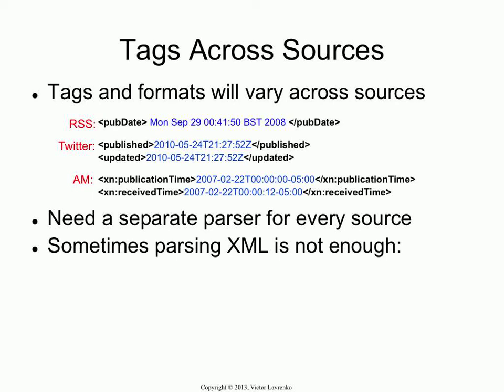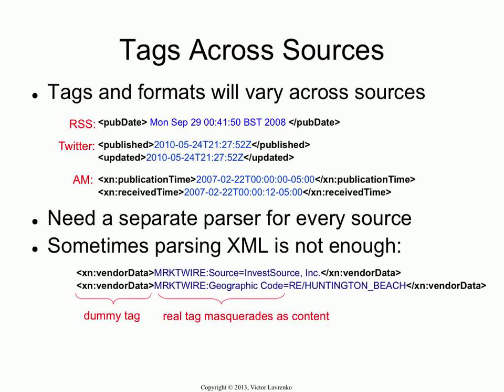What makes it worse is that sometimes just parsing XML and enumerating the list of tags that you have isn't enough. Here's an example of what you will commonly see with commercial vendors. They have an XML tag, vendor data. And the problem here is this is not a real tag. This is basically a placeholder. It's a dummy tag.